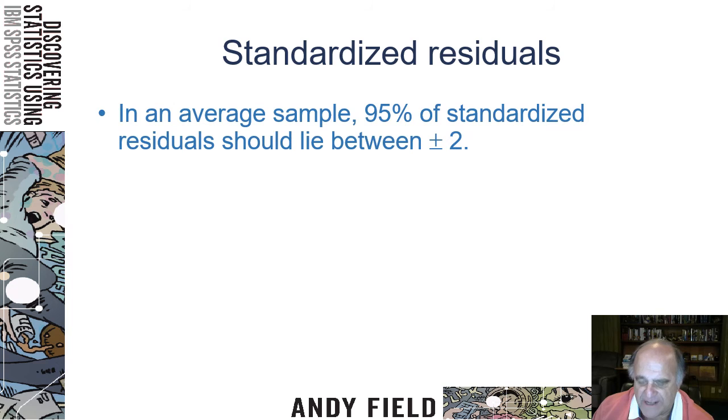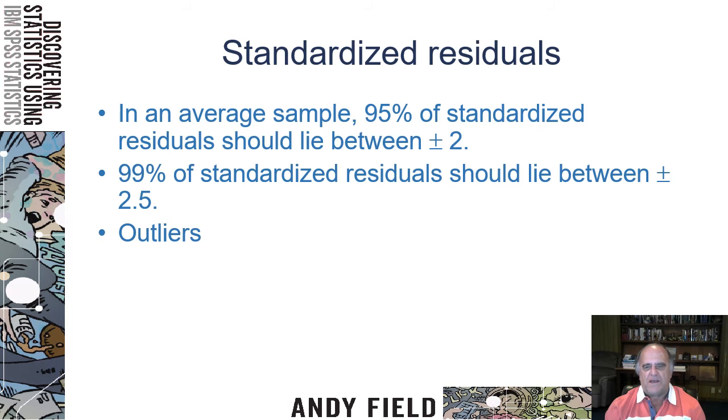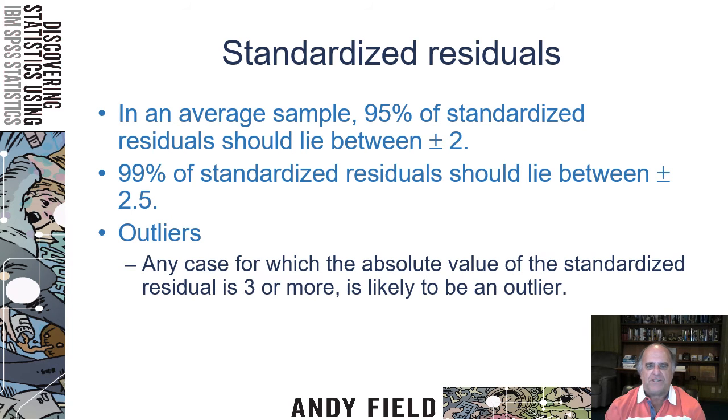Okay, so standardized residuals. Again, in an average sample, of course, 95% of your standardized residuals should lie between plus or minus 2. 99% of standardized residuals should lie between plus or minus 2.5. So an outlier would be any case for which the absolute value of the standardized residual is 3 or more.